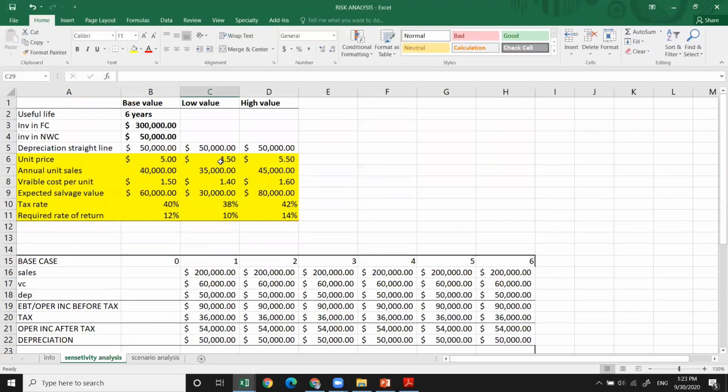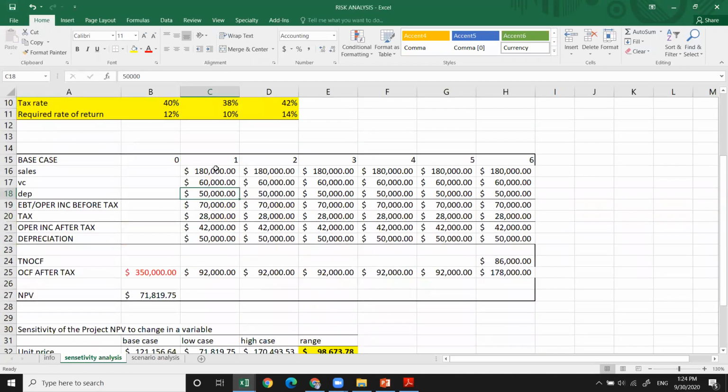That means changing the unit price to 4.5, my sales will change, and it will be 4.5, not 5. Oh, sorry, my variable cost doesn't change. Only the unit price changes.